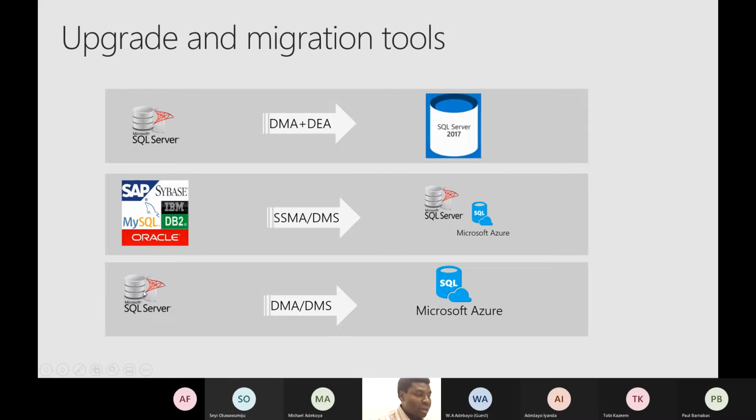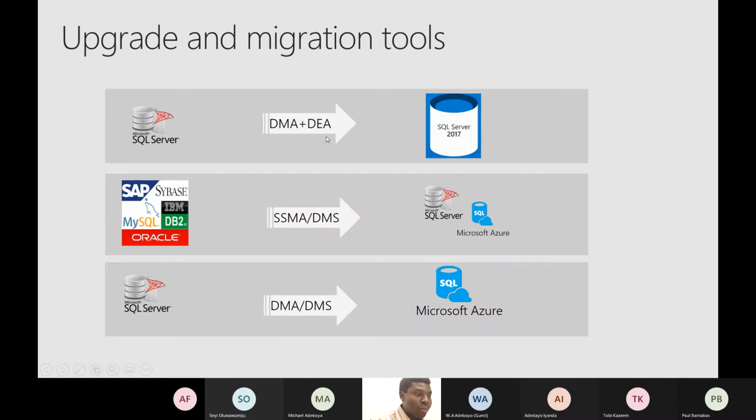So that's one scenario. Another scenario here is you are migrating from your SQL Server, an older version, to a Microsoft Azure SQL database, Azure SQL managed instance, or SQL Server on an Azure virtual machine. So these are the different options available.